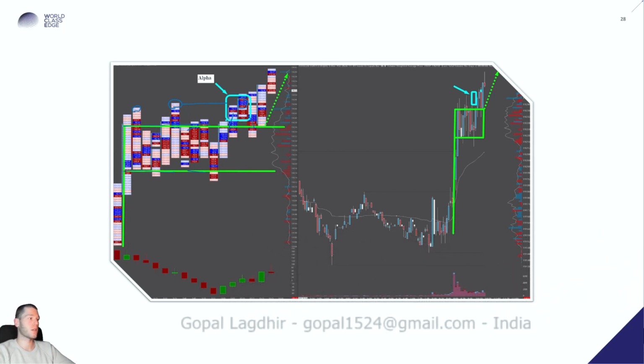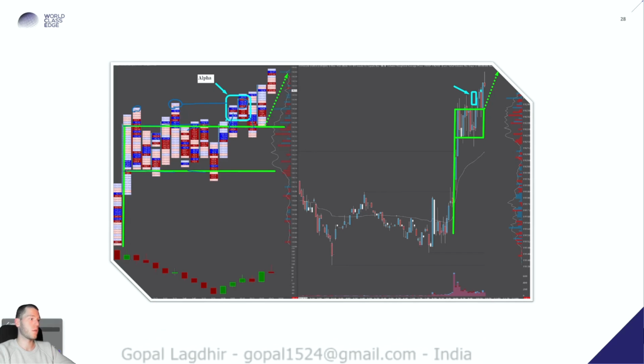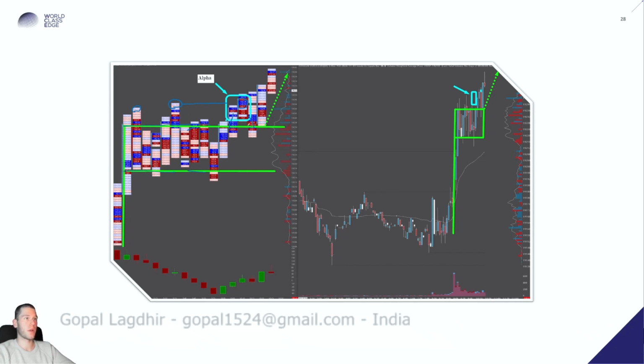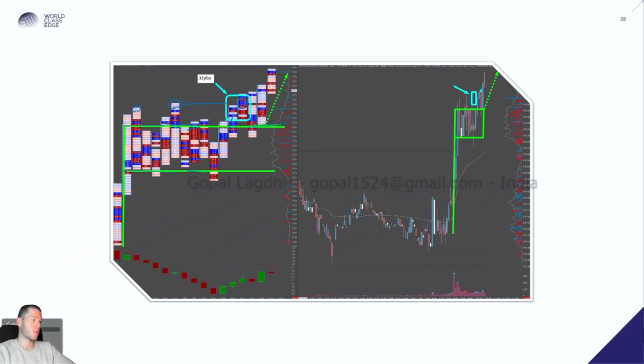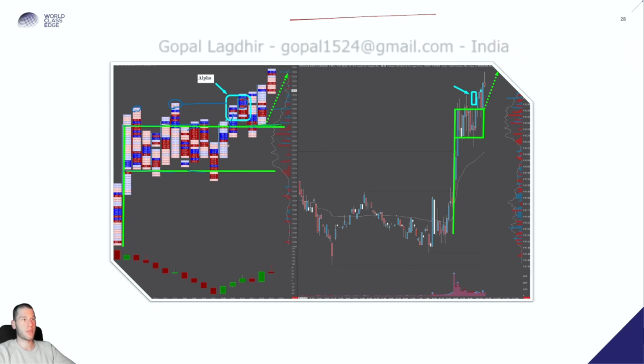With a pullback, we'll just scale in with a long limit on the pullback to have further confirmation. And where do we put our stop? Always in context. Where's our take profit? We don't know. Maybe there's a naked epoch from the past. We can put our stop very aggressively.